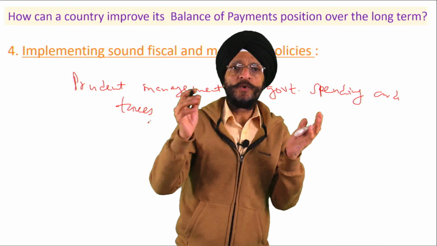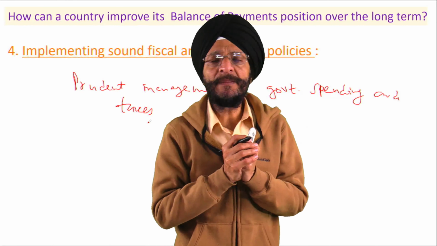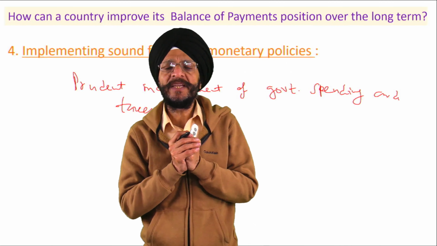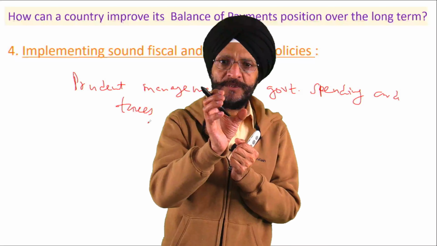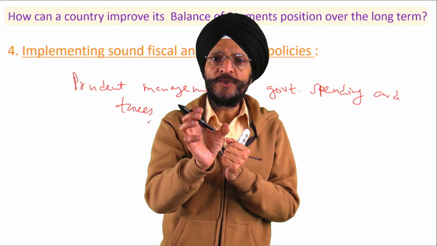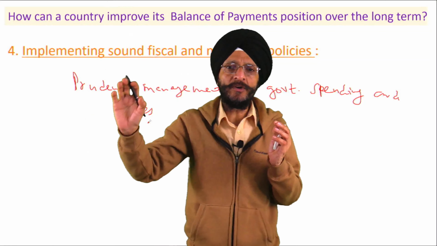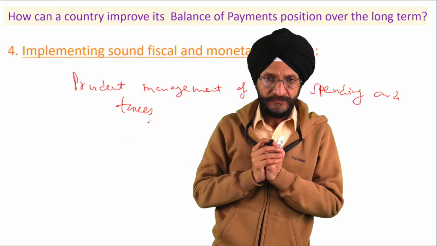Then the government of the country can implement suitable monetary policies with regard to money supply and interest rates. These steps of money supply related issues are taken by the central bank or monetary authority of the country.